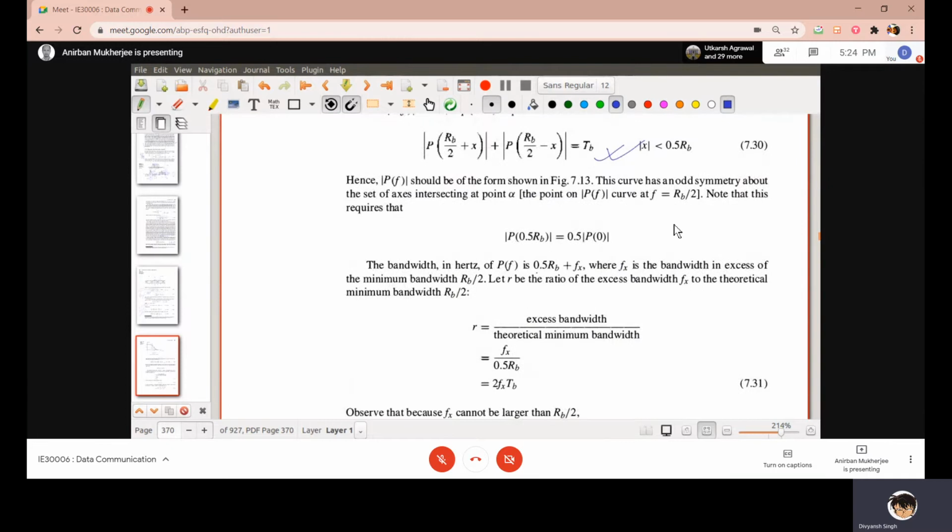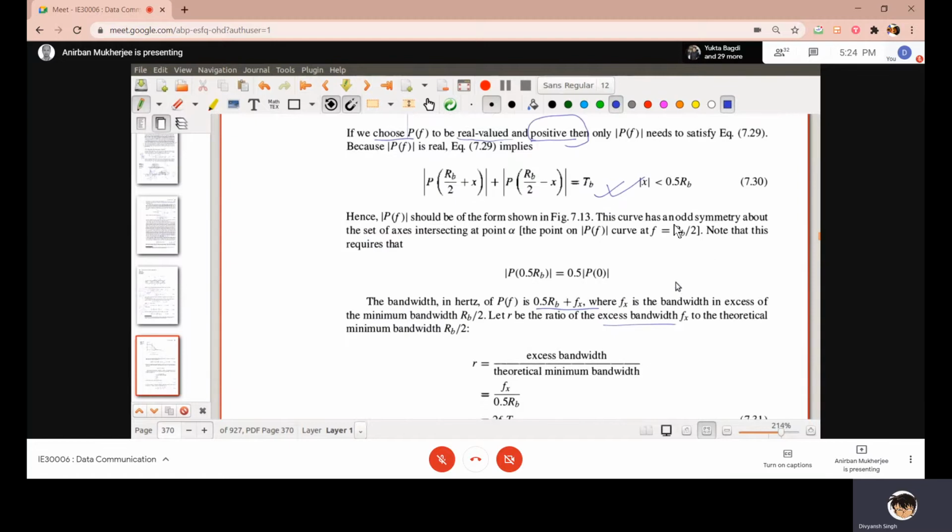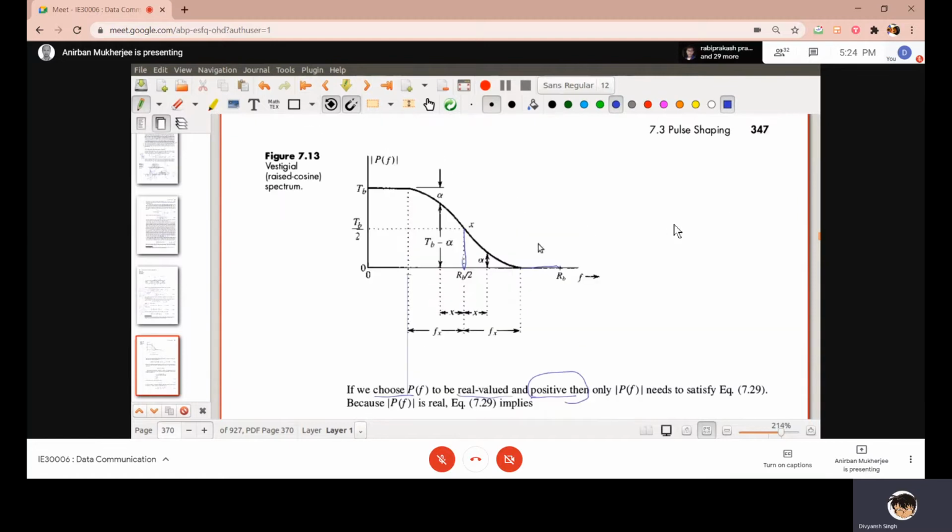I am assuming that after that it is 0. So that is 0.5RB plus fx. Let R be the ratio of this excess bandwidth. This fx is called the excess bandwidth.